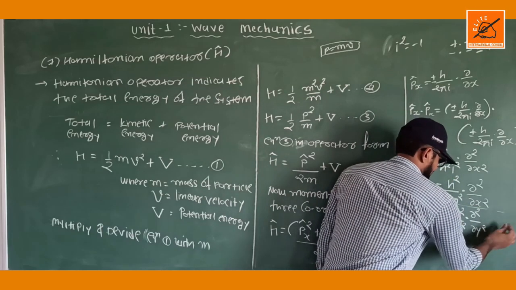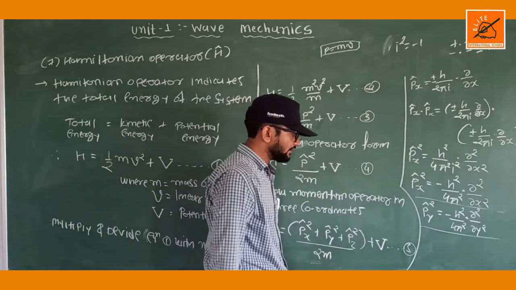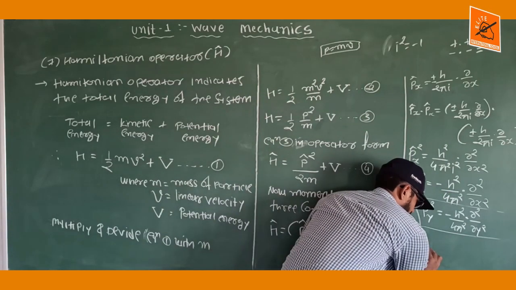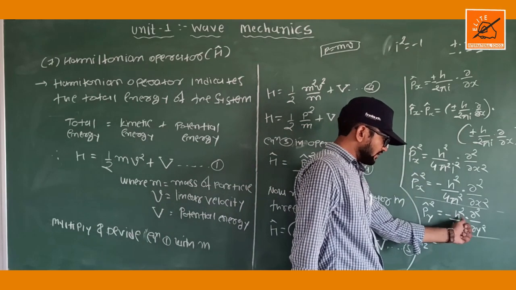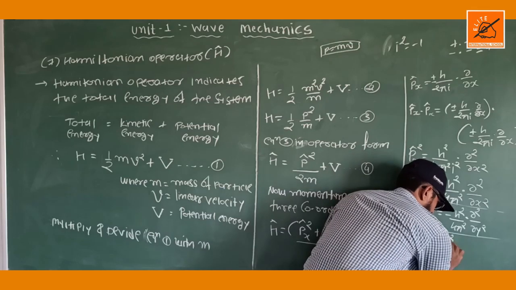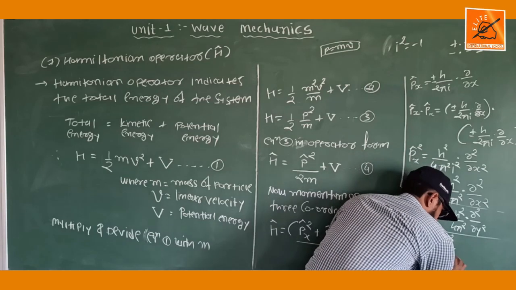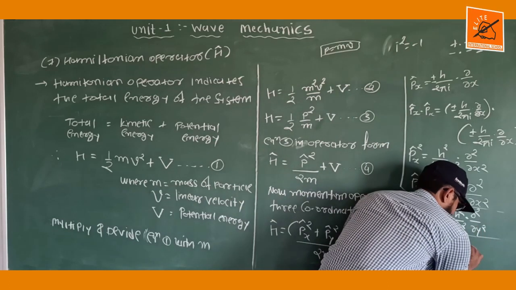And same as, the value of pz square is equal to minus h square upon 4 pi square into del square upon del z square.